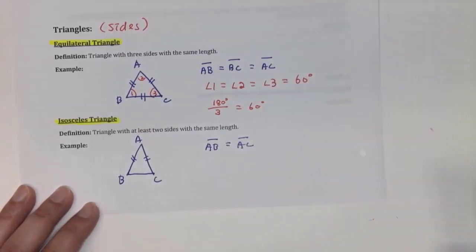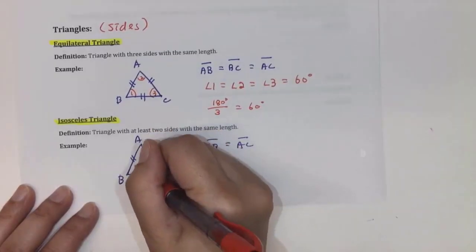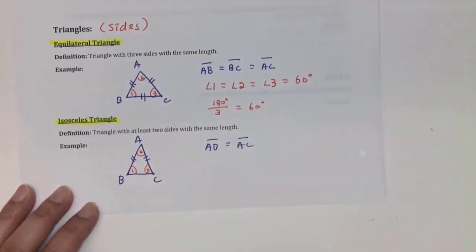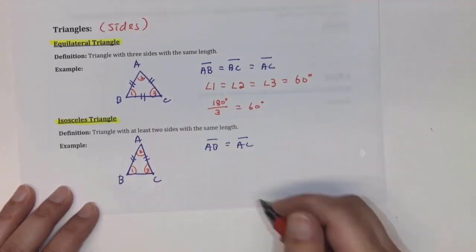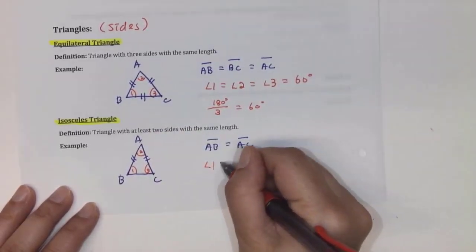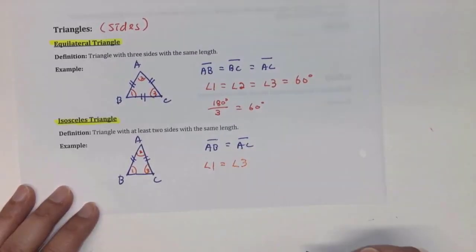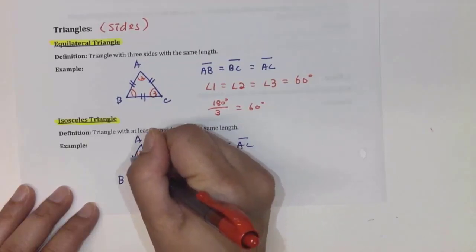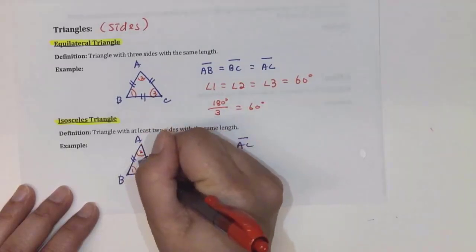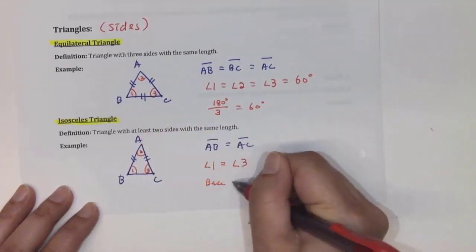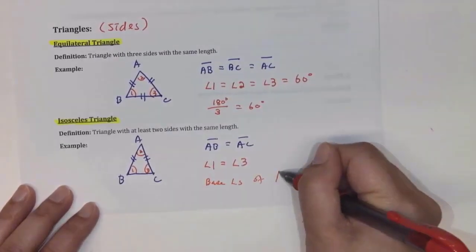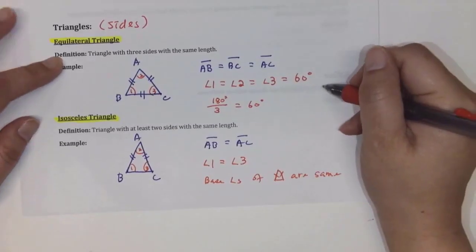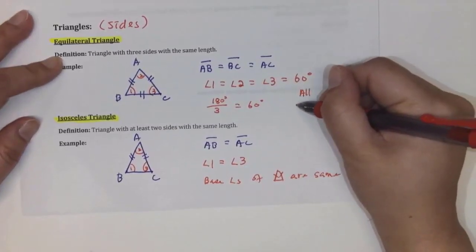Because of that, which two, if I have 1, 2, and 3 again, which angles should be the same? Angle 1 and angle 3. How do I tell? Yeah, they are the base angles and they're facing the congruent sides, okay? Base angles of the isosceles triangle are the same. For an equilateral triangle, all angles are the same.